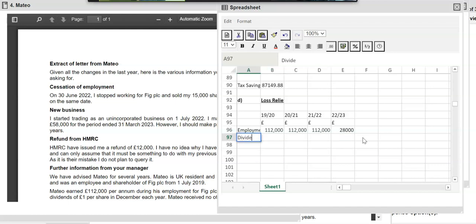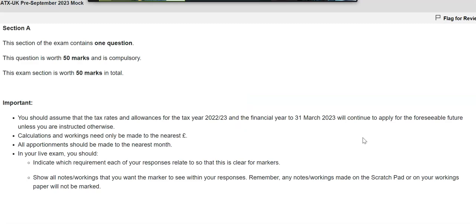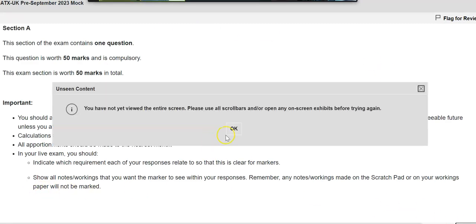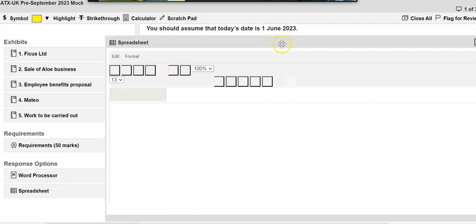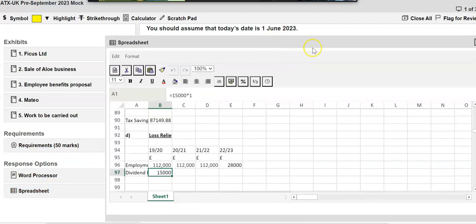Apart from this, he is having dividend income of how much? It is equal to 15,000 into 1. Control C, select, Control V. Oops, I accidentally clicked Control R. Okay, so hopefully it is here.